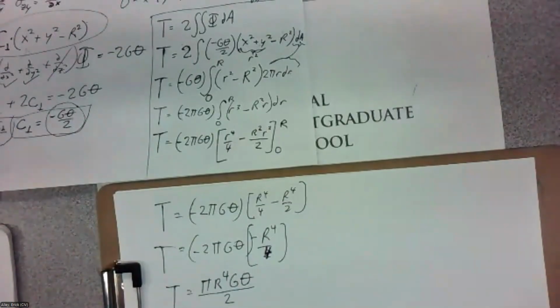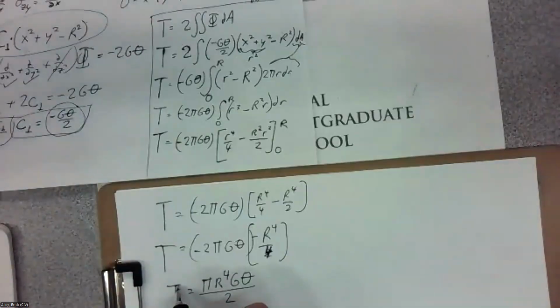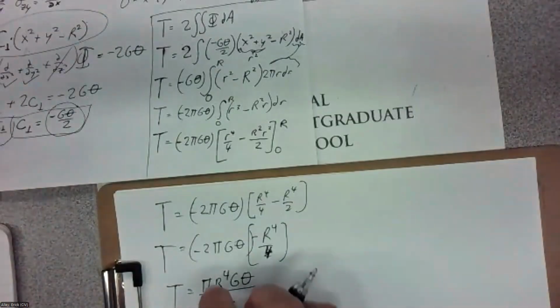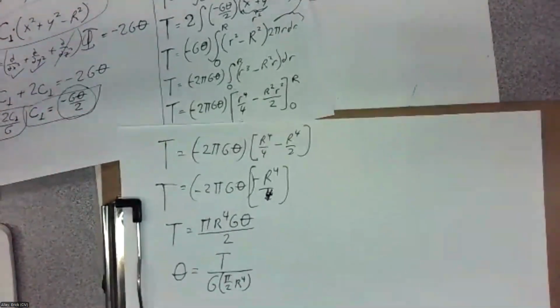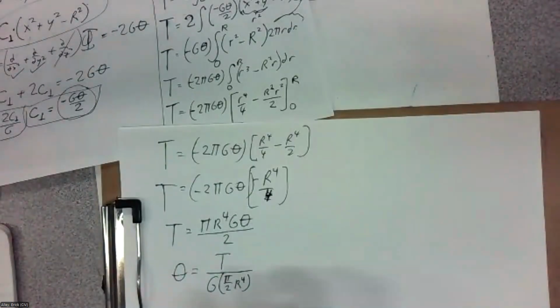All right. So here's my torque now as a function of twist rate. Usually we know what the torque is. We want the twist rate. So let's solve this for theta. I'm going to get T over here. We'll move the G down. And then let's move all this down here, pi over 2 r to the 4th.